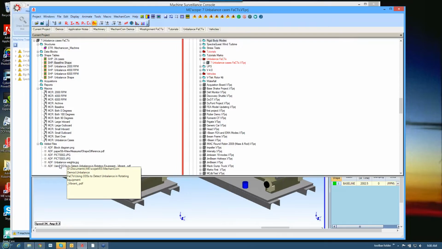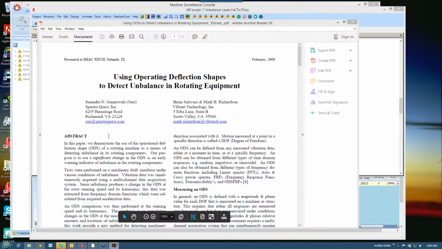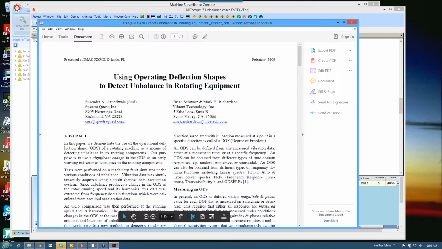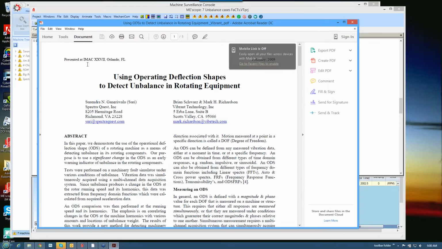This particular ME Scope project was written up in a tech paper. Let me open it for you. And this was written back in 2009. It was presented at the IMAC conference, International Modal Analysis Conference, and it was called Using Operating Deflection Shapes to Detect Unbalance in Rotating Equipment.